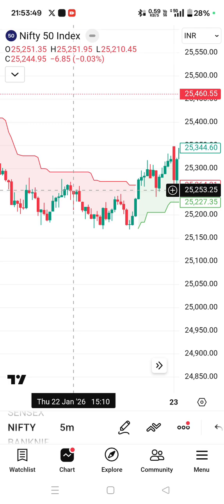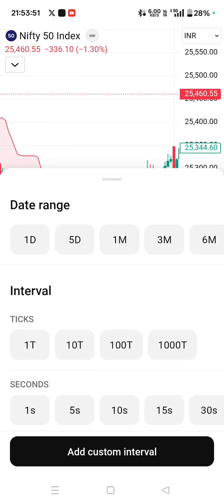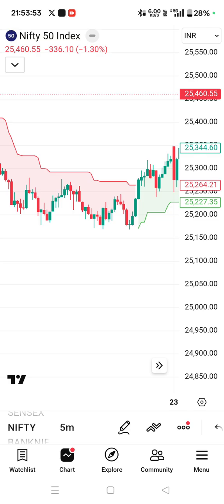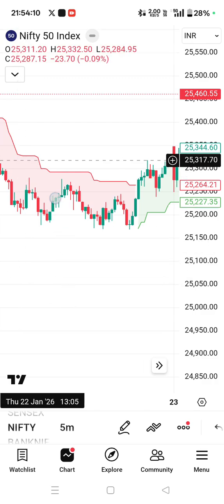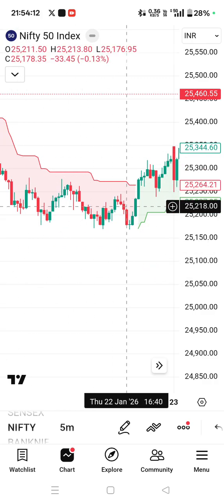Here we can see different time zones. I am starting with 5 minutes. Going forward, I'll explain how to read different timeframes and then multi time frame analysis to get a better trend. Okay, this is a plain scenario where when we open on 23rd January, it is in red. That means the market is in bearish mode.